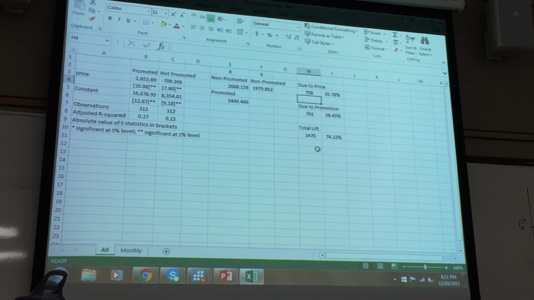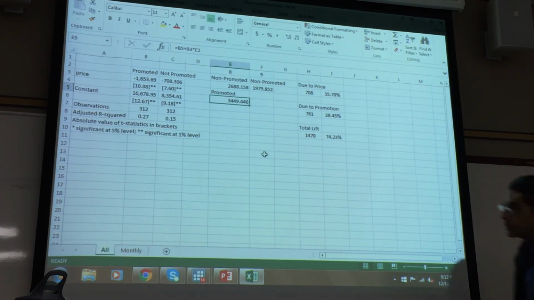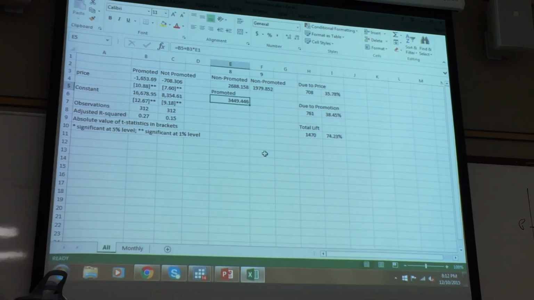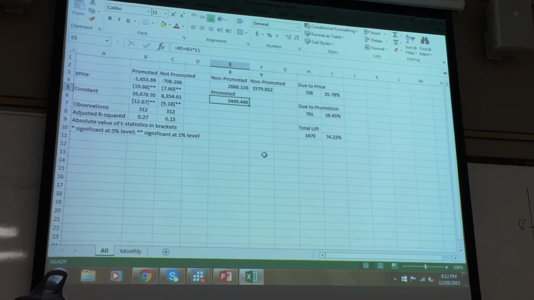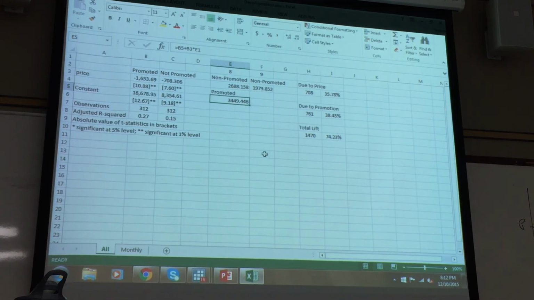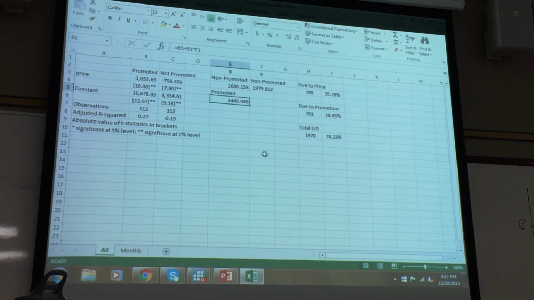And what we're left with is the promoted demand evaluated at the promoted price, which is this term way out here. If we subtract out the non-promoted demand evaluated at the promoted price, we just take the difference between these two, that'll give us our lift due to promotion.